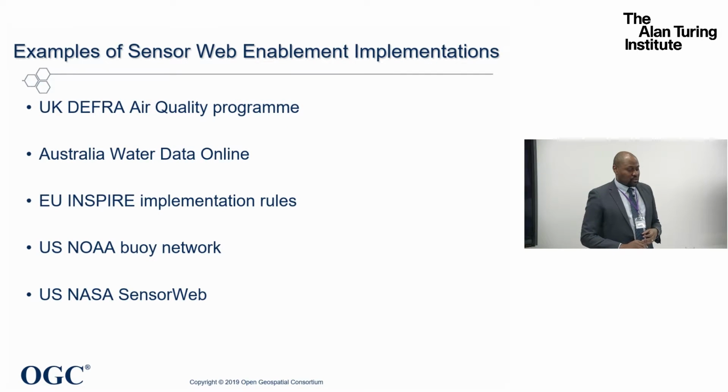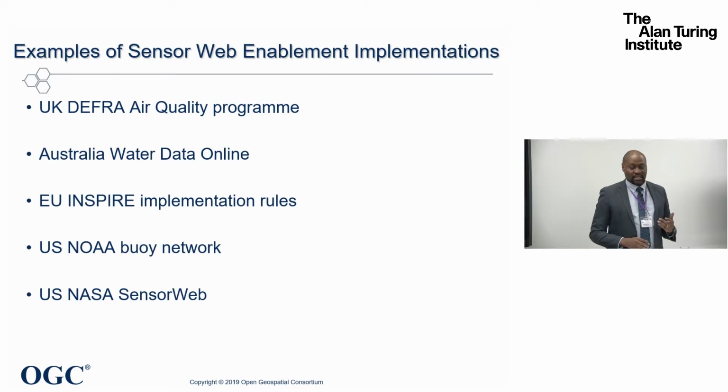Some examples of programs that make use of Sensor Web Enablement standards include the UK's DEFRA Air Quality Program. So the government department, DEFRA, publishes air quality data in near real time. I think it's every hour. And that data is immediately made available through a variety of means, one of which is the Sensor Observation Service.